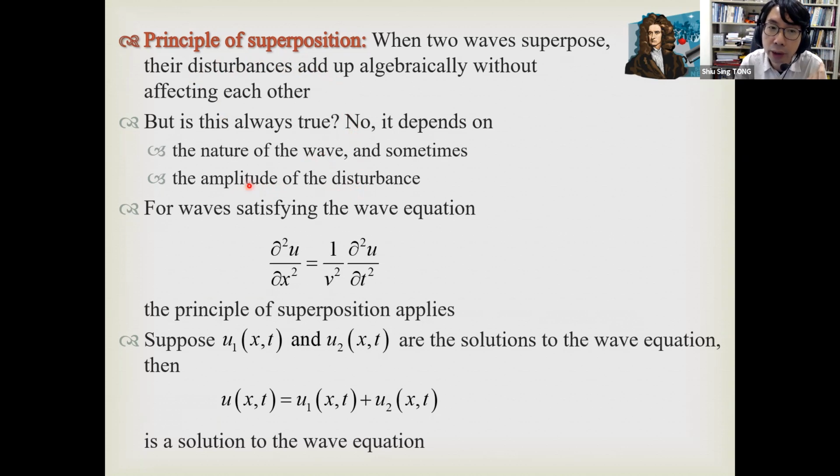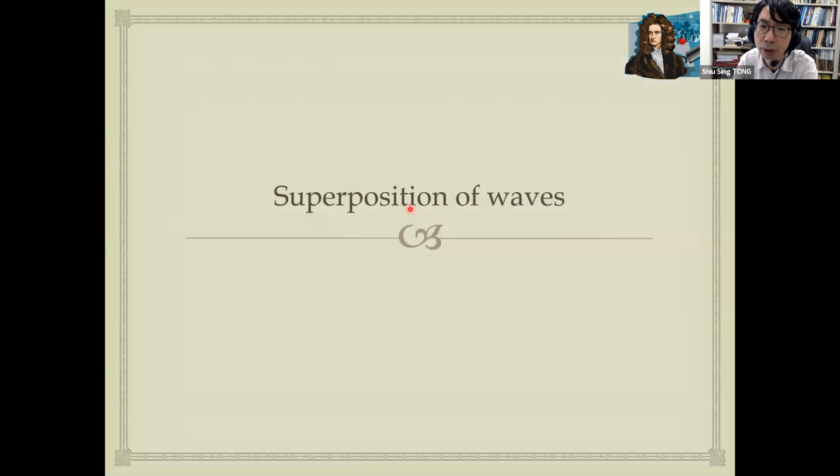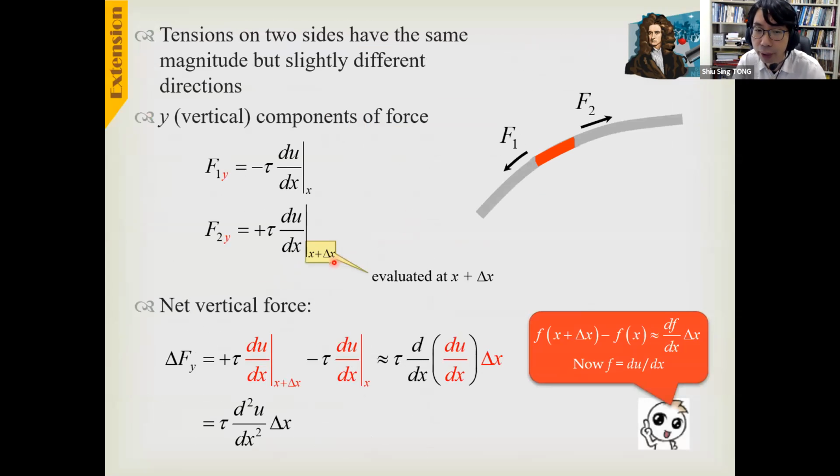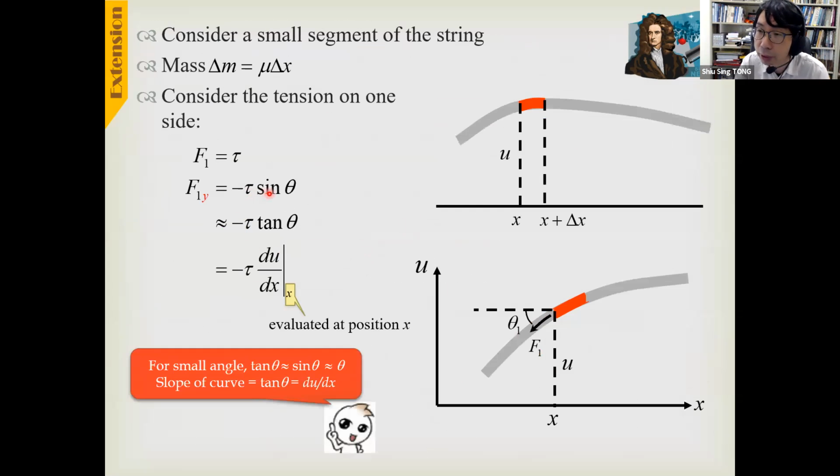And also it depends on the amplitude of the disturbance. Now we actually have made an approximation. I don't know if you remember that. When we derived the wave equation, we made an approximation that sine theta is almost equal to tangent theta. But imagine if the angle is large, then this approximation will fail.